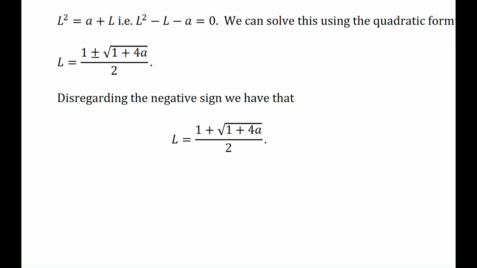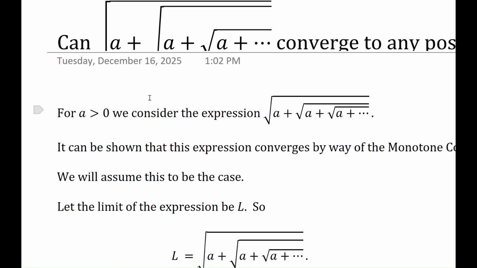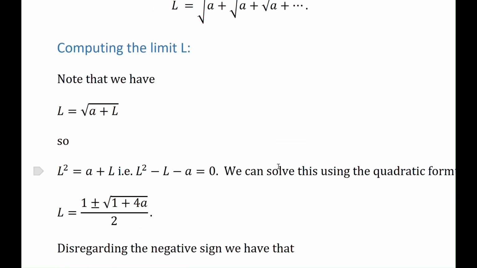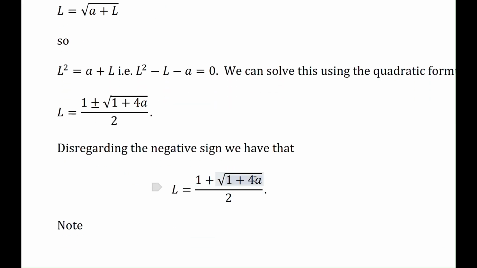One thing to point out about this limit, with A being positive, remember, we said from the start that A is a positive real number: we can see that L is always going to be greater than what we would get if we replaced A by 0. Replacing A by 0 gives that L equals 1 plus 1 over 2, which is 1. So note that L is always bigger than 1.